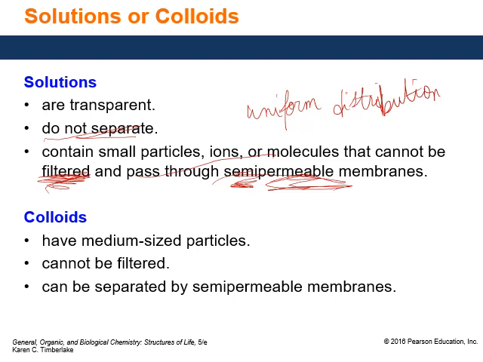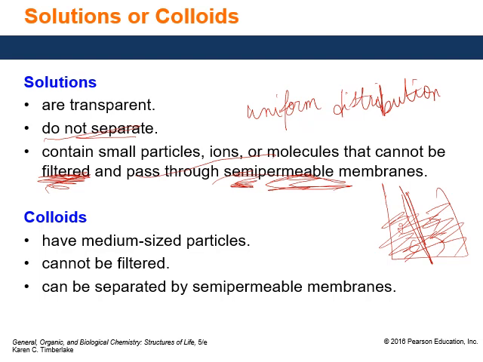So if you have a jar separated by a semi-permeable membrane, with two different solutions on the two sides of the membrane, it would allow a few substances to cross that membrane. That is a semi-permeable membrane.